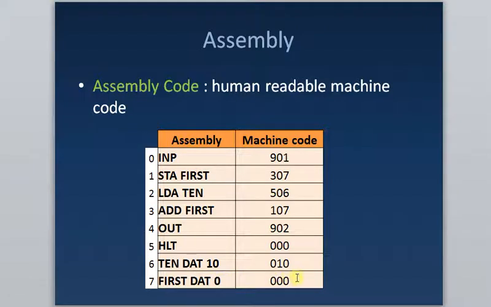So that gets translated to just a bunch of zeros. But the assembler can do the work of figuring out that this first is the same as that first, and that this address 307 has to match up with the machine address 7, where the data is actually expected to be.